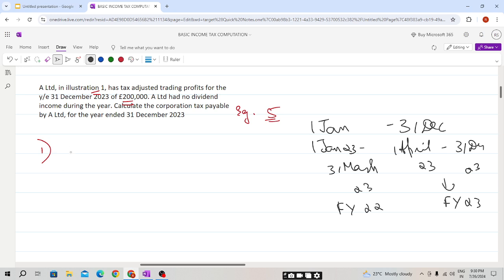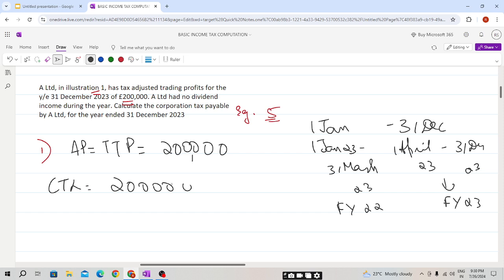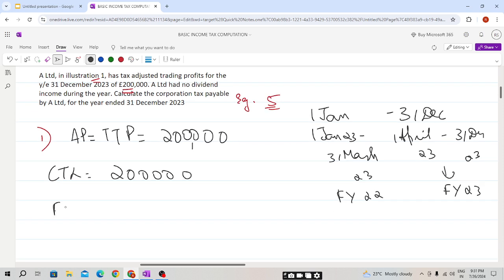So our augmented profits and TTP will be the same, students, because augmented profit is calculated as TTP plus dividends from non-associated companies, and nothing is mentioned, so both are the same. But the corporation tax liability will be on TTP. So for the financial year 22, here 200,000 into 3 divided by 12 into 19%. As for the previous year it was 19%, the tax slab, so it will be 9,500.